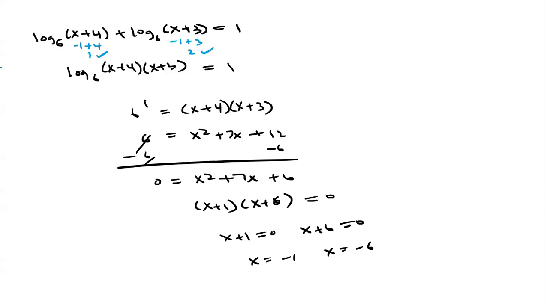Well, what if we put -6? Well, -6 plus 4 is -2, so that's not going to work. And then here, -6 plus 3, which is -3, again, that's not going to work either. So again, you want to make sure that you check your solution, whether both work or only one of them works. In this case, this one is not going to work, and our only solution is x equals -1.